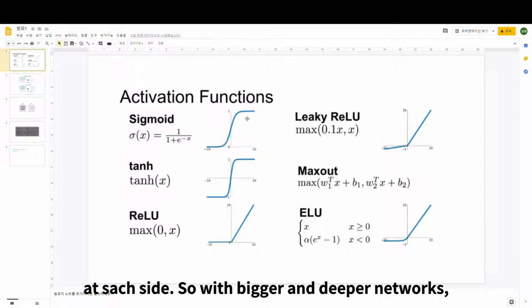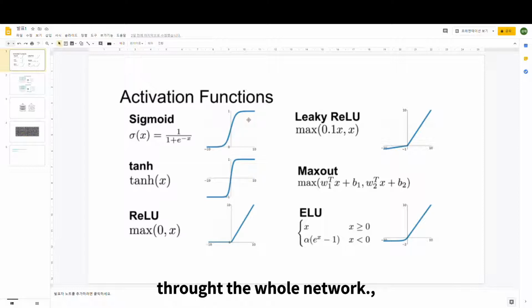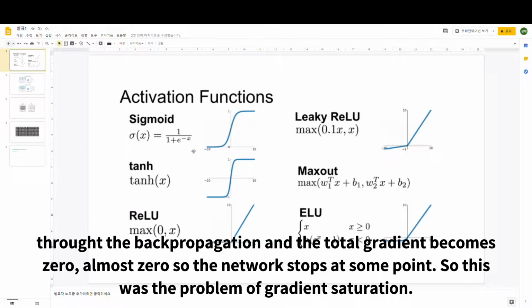With bigger and deeper networks, because the gradient has to be backpropagated through the whole network, the gradients close to 0 are multiplied through the backpropagation, and the total gradient becomes almost 0, so the network stops learning at some point. This was the gradient saturation problem.